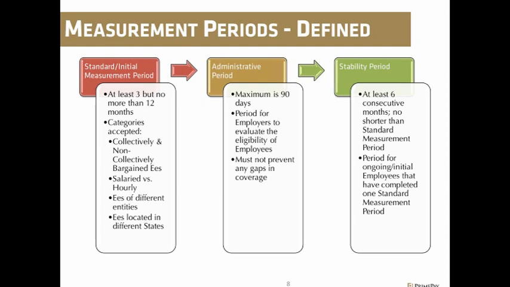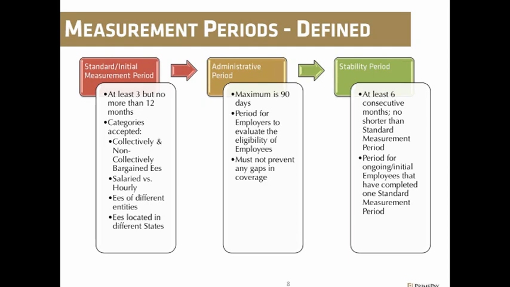Basically it says, if that employee was granted coverage or not granted coverage, they must be either offered and enrolled in that coverage or not through that entire stability period. So the stability period is at least 6 consecutive months, no shorter than the standard measurement period.